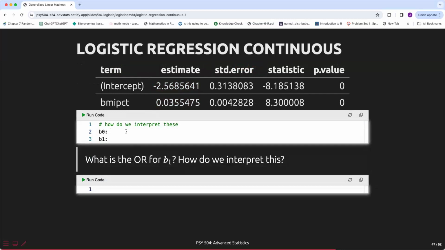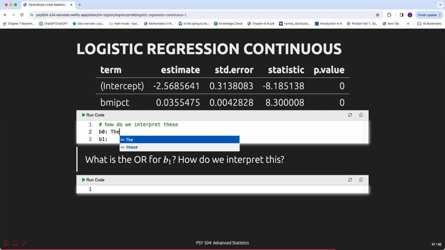So how do we interpret the intercept value here with a continuous variable? Yep, the log odds of y equals 1.